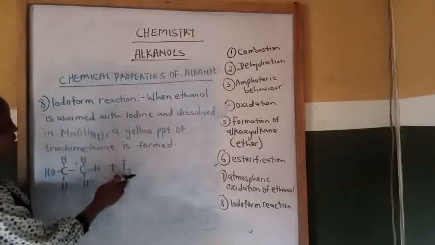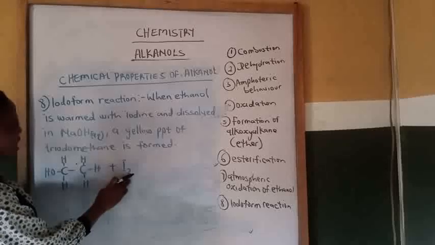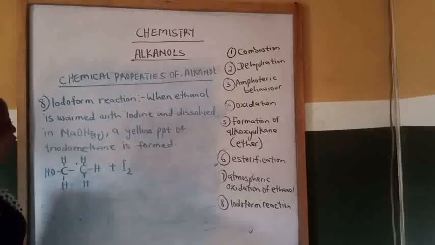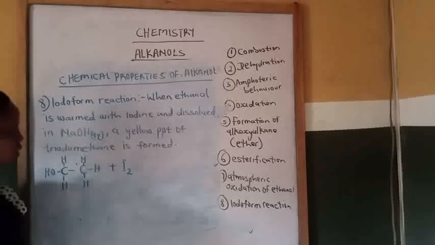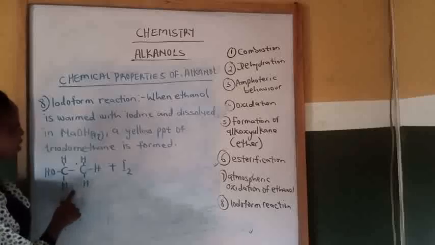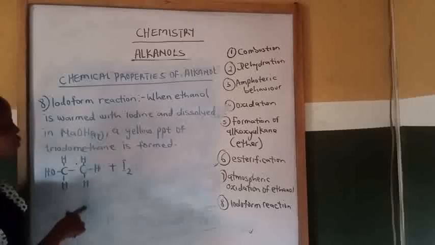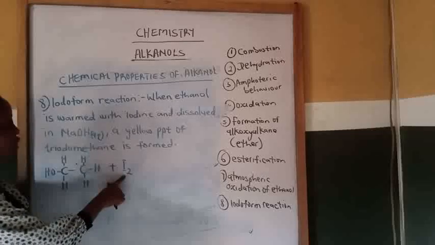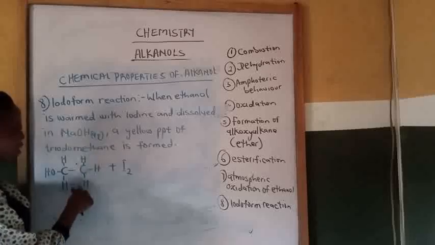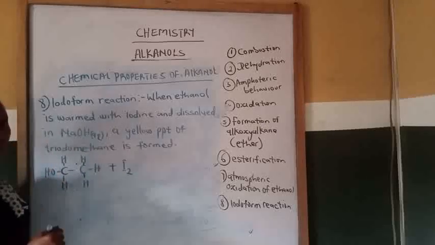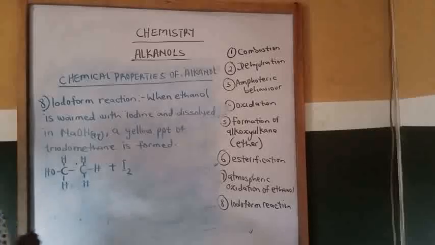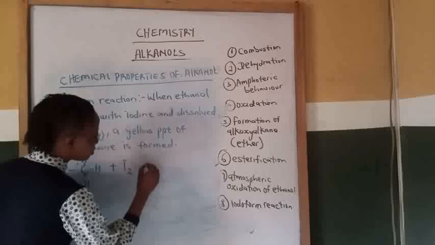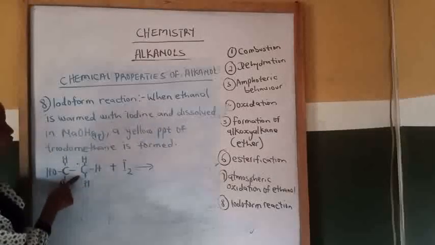So this iodine will eliminate 5 hydrogen atoms from this structure. Then there will be replacement of three iodine. So 3 iodine will come in and 5 hydrogen atoms will be eliminated. So let's eliminate 5 hydrogen atoms.